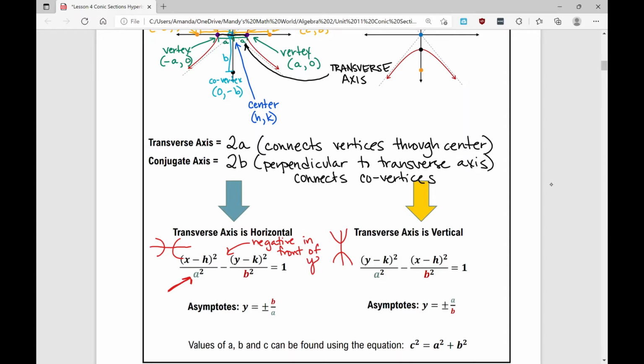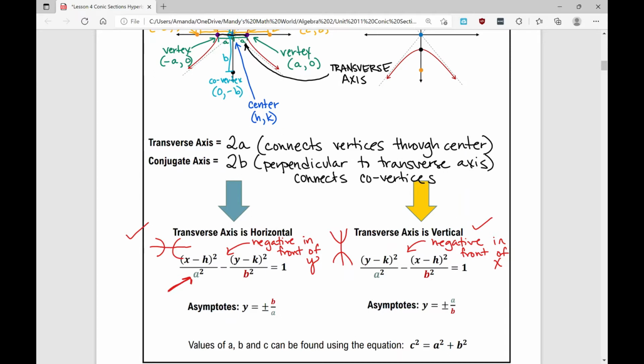And when your transverse axis is vertical, you're going to have a negative in front of the x. Sorry, I kind of wanted to talk about a, but actually I just want to talk about where the negative is, right? So when I'm noticing that this is a hyperbola equation, I've got a negative in there somewhere. When the negative is in front of the y, the transverse axis is horizontal. When the negative is in front of the x, the transverse axis is vertical.